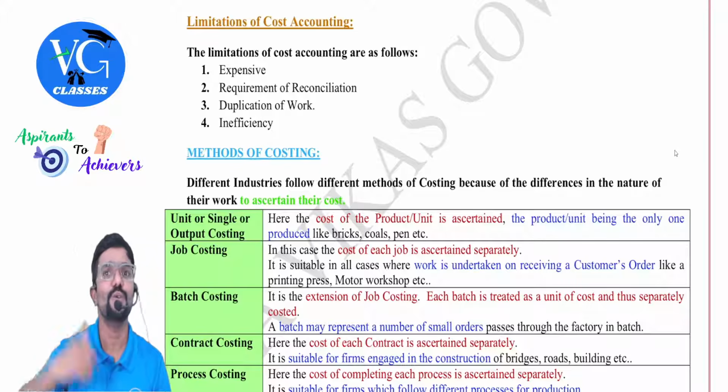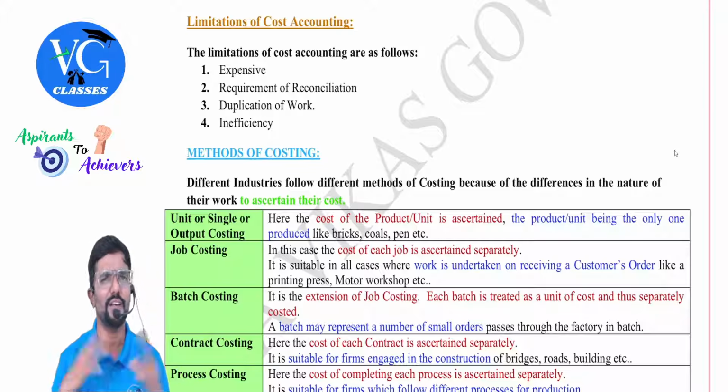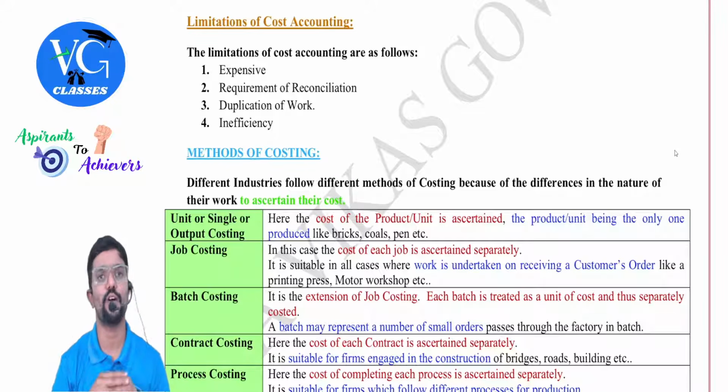Will it be the same, sir? No. There will be some difference in treatment. The majority of transactions we record in both books, but for a few transactions there will be a difference, which will lead to a difference in profit. I need to reconcile it at the end of the year. Why is there a difference between financial profit and cost profit? Obviously, this is also extra work. Yes, sir. Next, duplication of work.